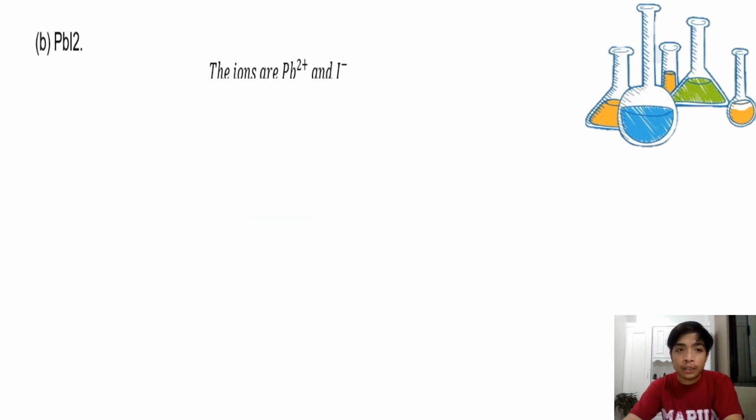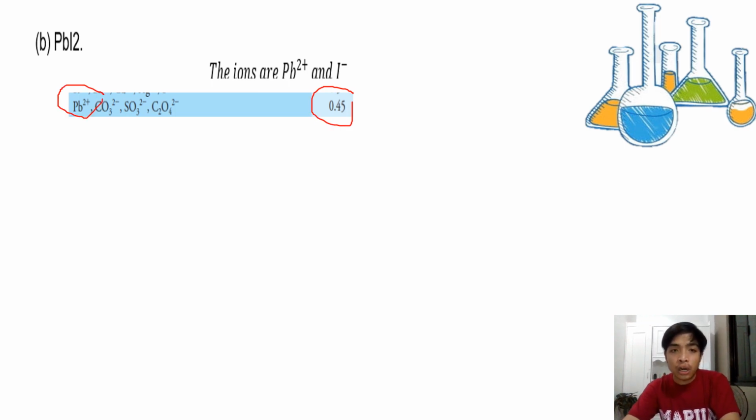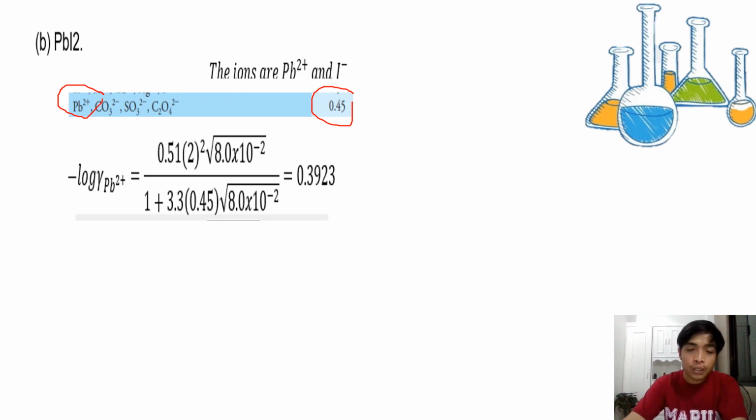So now let's proceed to lead iodide. The ions are lead ion and iodide anion. The effective diameter of the lead ion is 0.45 and its charge is positive 2. So substituting it to the equation, we will obtain 0.3923 as the activity coefficient of the lead ion.